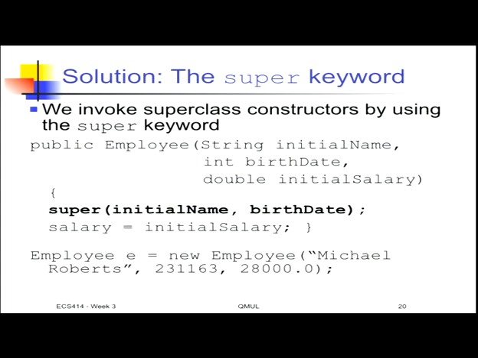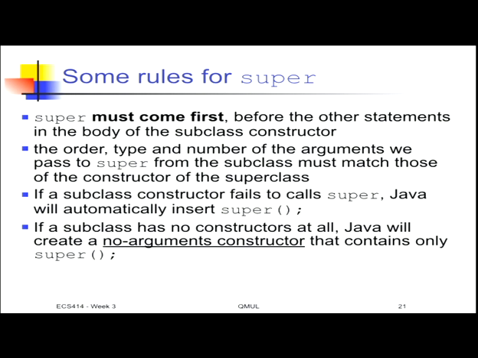And that should always be the case: when you use super to call the constructor of a superclass, that super has to be the first statement in the constructor in the subclass. And also, as we just noticed, the arguments of the super call have to match the arguments of one of the constructors in the superclass.